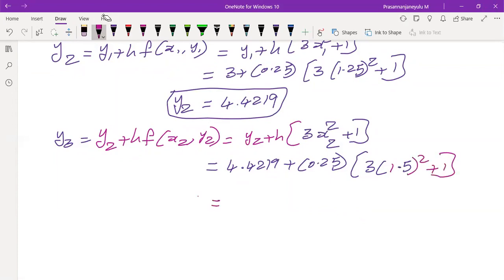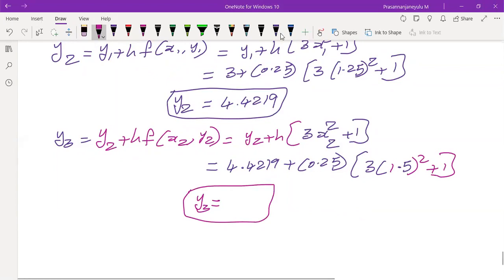So what do we get as the y3 value? Okay, good. The y3 value is 6.3594. Okay, one of your friends mentioned it as y3.